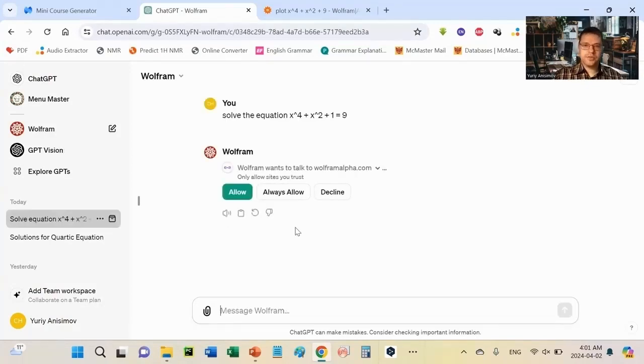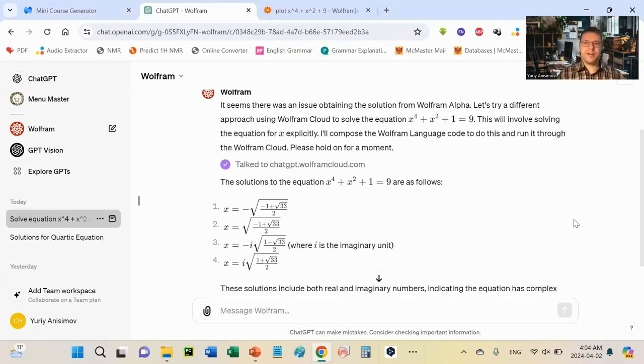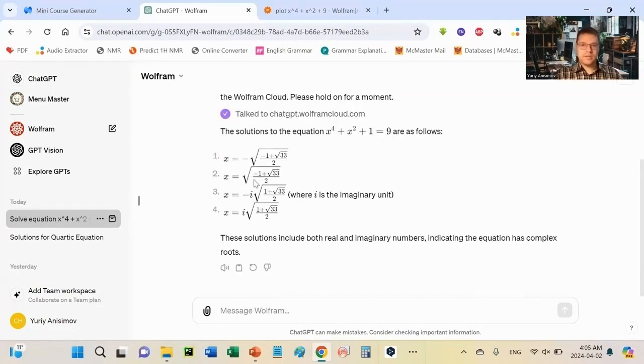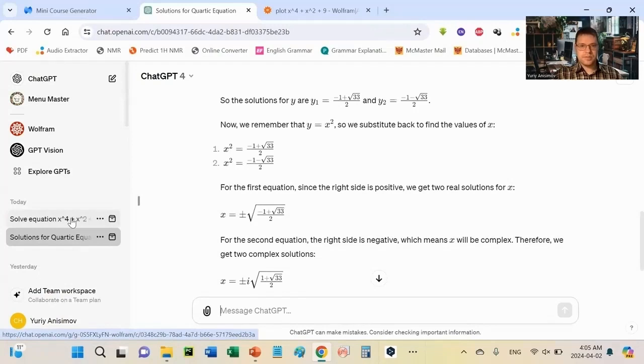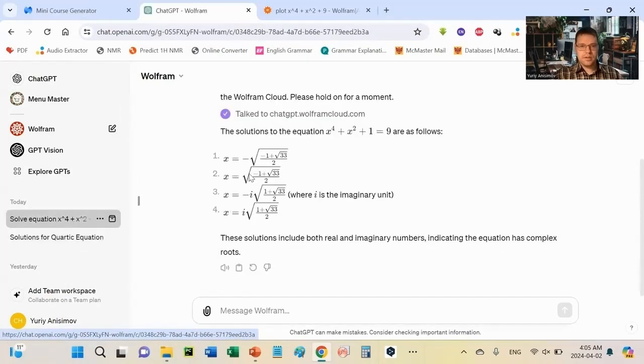Wolfram asks your permission to talk to wolframalpha.com. Allow. Okay, so there was a little interruption because ChatGPT is a bit unstable due to overload. And look, the answers are the same. If we compare it to this solution, negative 1 plus square root 33 over 2, and this one, yes. And there are 4 solutions, 2 real solutions and 2 imaginary solutions. So finally, we ensured that Wolfram Assistant and GPT-4 yielded the same answer.